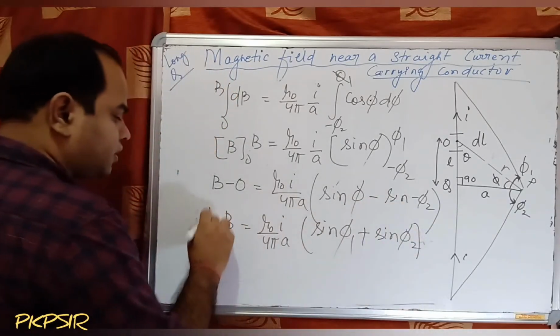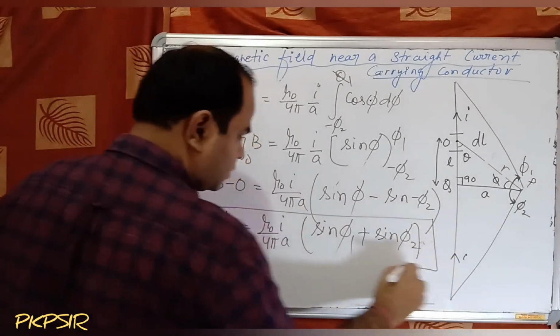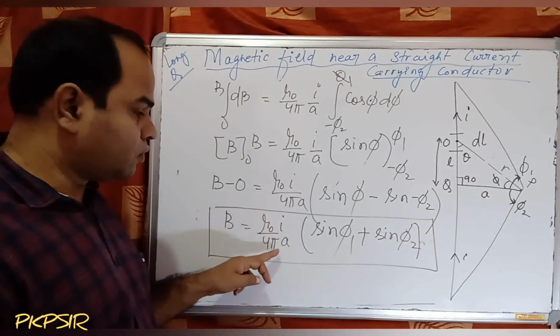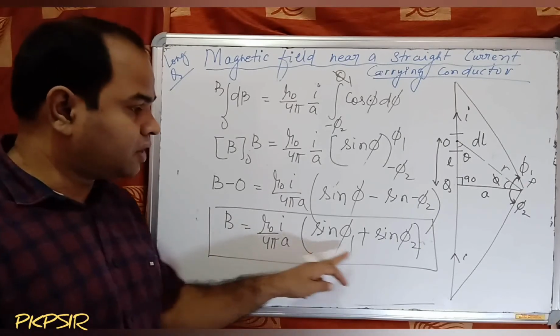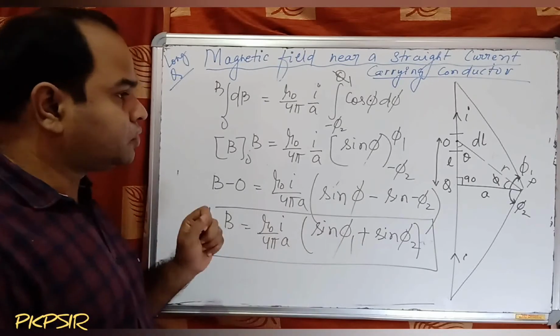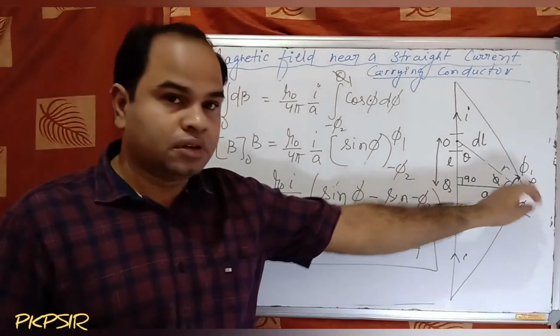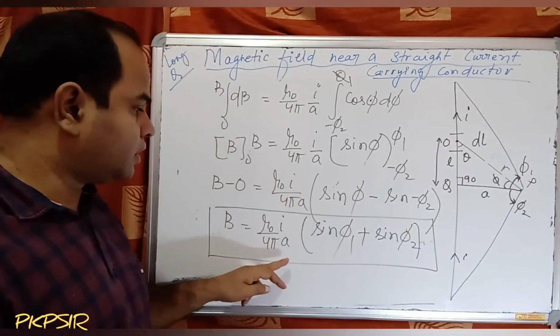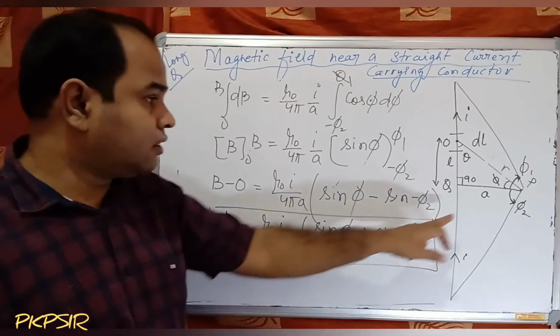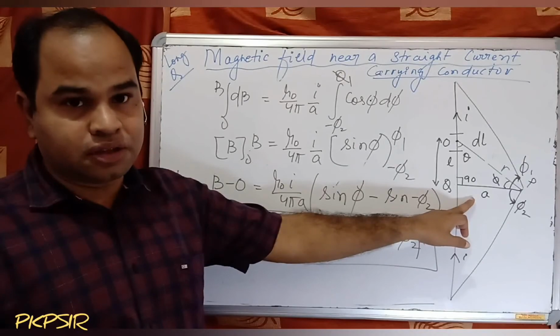So what is the magnitude of magnetic field at point P? It is equal to mu naught I by 4 pi a times sin phi 1 plus sin phi 2. Again, the magnitude of net magnetic field at point P is equal to mu naught I by 4 pi a times sin phi 1 plus sin phi 2, where a is the perpendicular distance from the conductor.